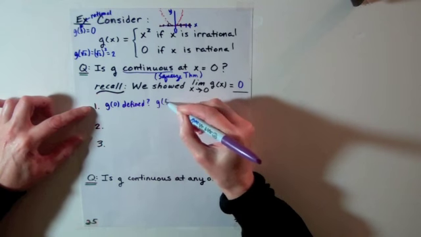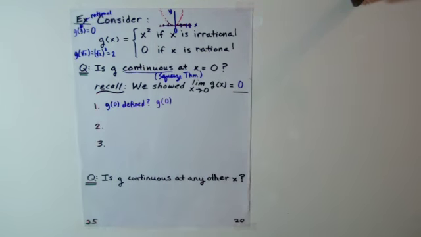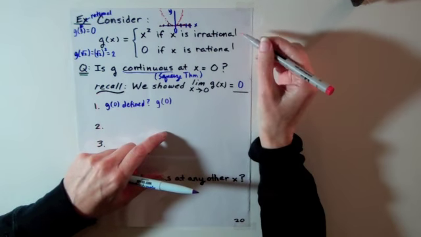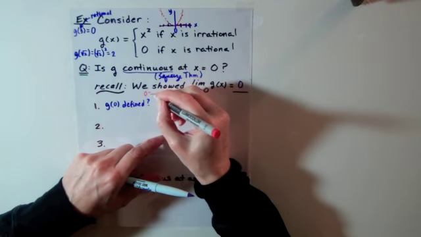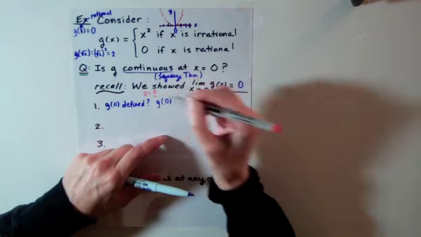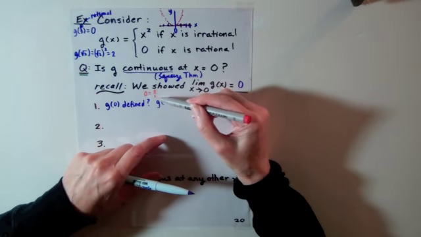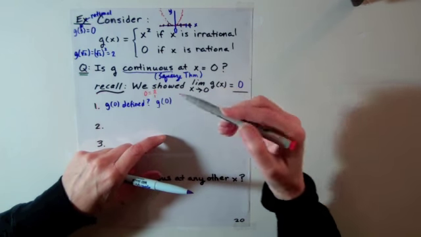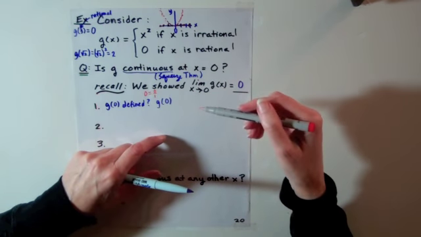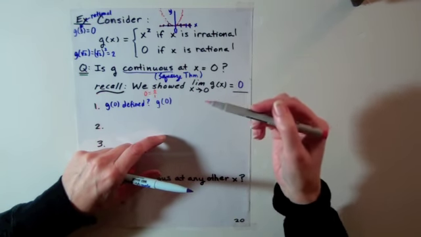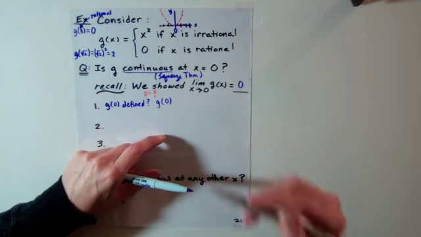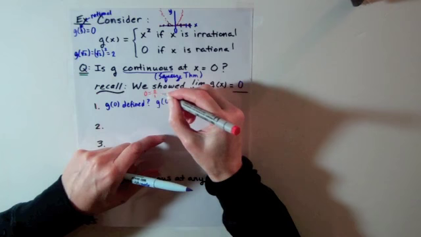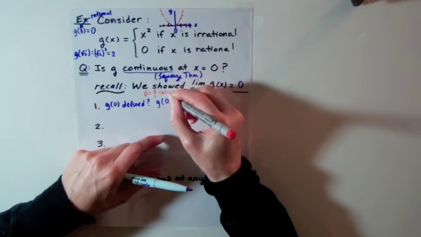In order to find g of 0, I have to decide if 0 is a rational or an irrational value. Since 0 can be written as a fraction with an integer on the top and an integer on the bottom, for example 0 over 1, or 0 over 2, or 0 over 100, it can be expressed as a over b, where a and b are both integers. So 0 is a rational number.